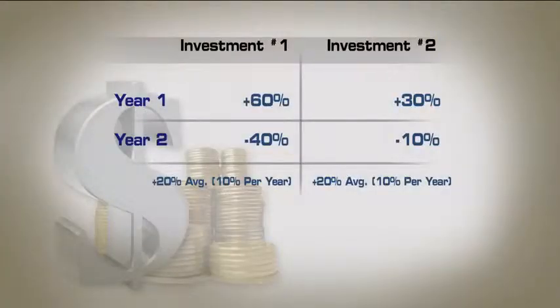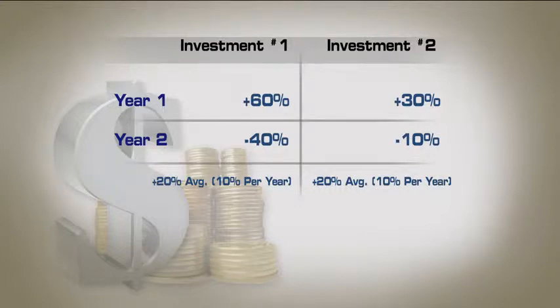So now, let's assume on the first screen that both of these accounts run a 10% average rate of return for the first 2 years. The first investment, the aggressive one, gets 60% growth the first year. You're thinking, I've just hit a home run. The other one, first year, 30%, about half the growth of the aggressive account.